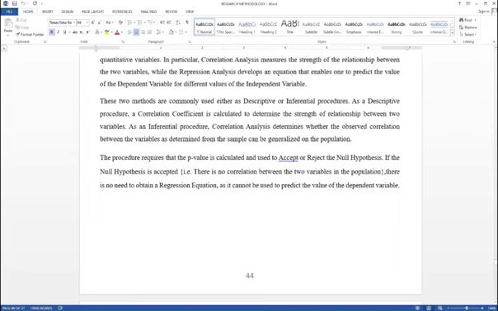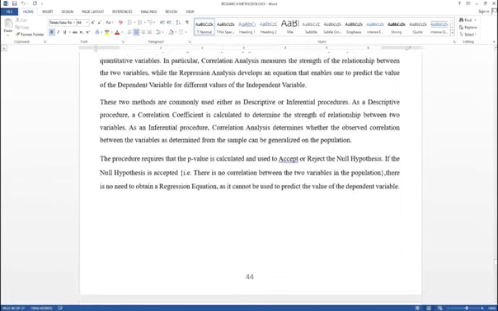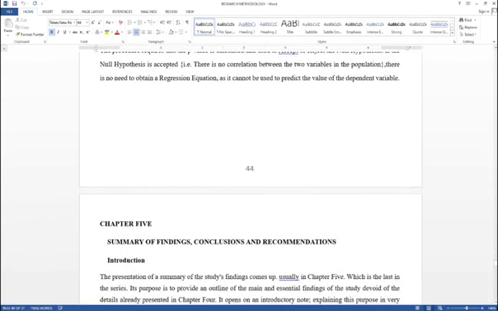And if there is no correlation, it simply means that you don't need to obtain any regression equation, as it cannot be used to predict the value of the dependent variable.